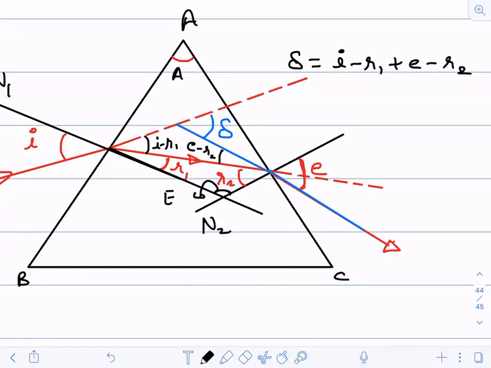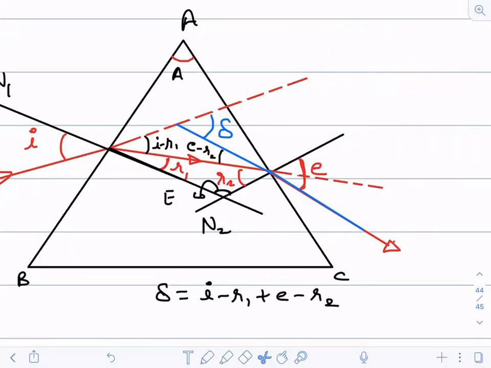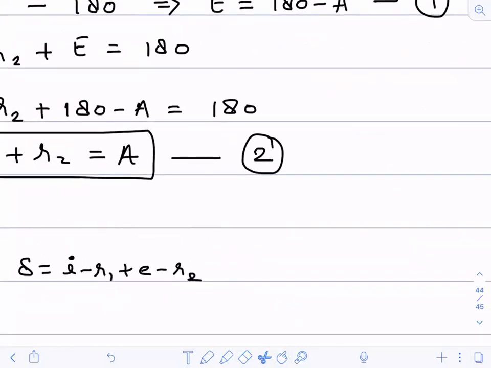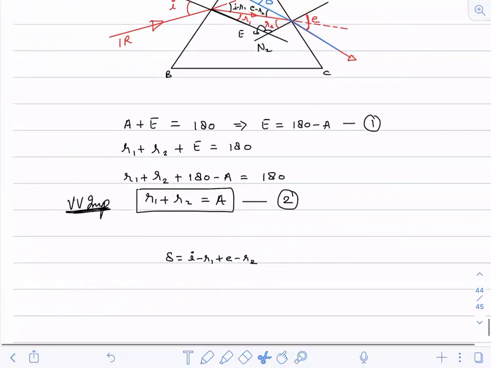Because delta is an exterior angle, and I minus R1 and E minus R2 are interior angles. So delta is the summation of two opposite interior angles. This is also a property of geometry that we are using: an exterior angle is equal to the summation of two interior angles.